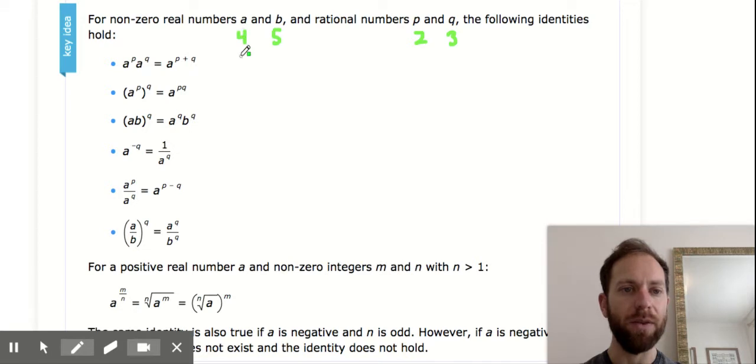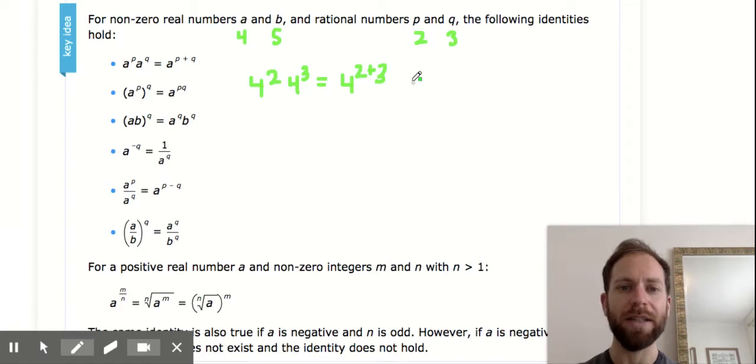So A, which we said in our example is 4, to the power of P, which is 2, times A, 4, to the power of Q, in this case 3, would be the same as writing A to the power of P plus Q. Basically, this tells us that if you have the same base to two different exponents, you can just add those exponents together and put them next to that one base, right?